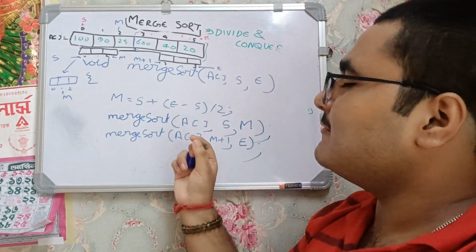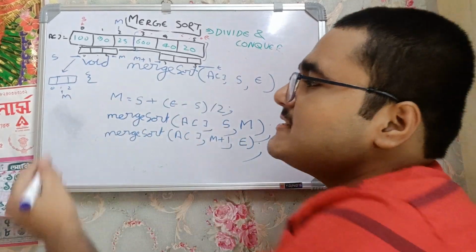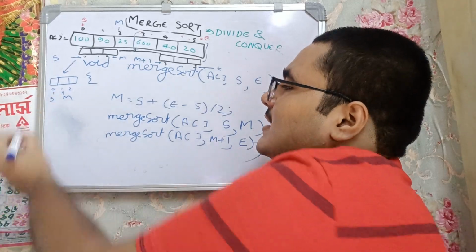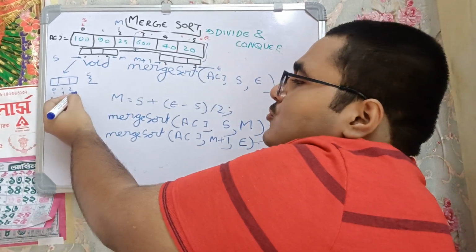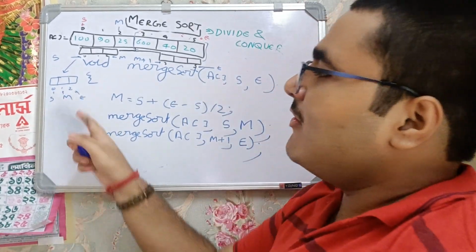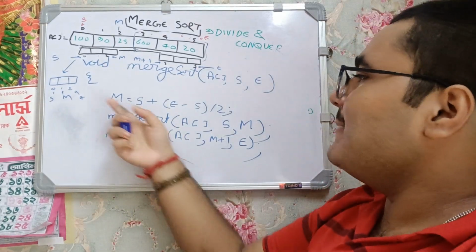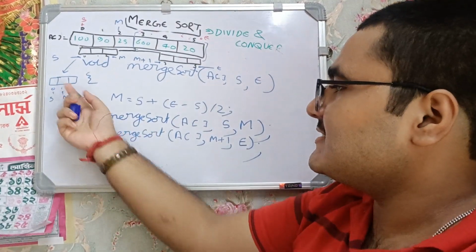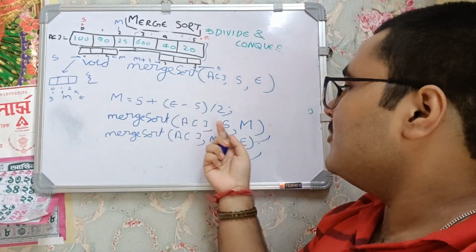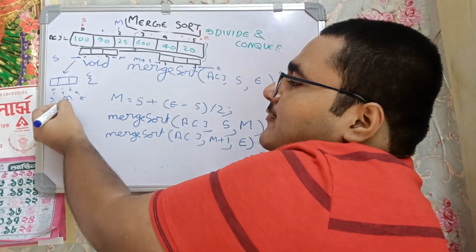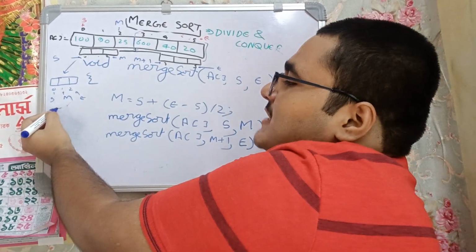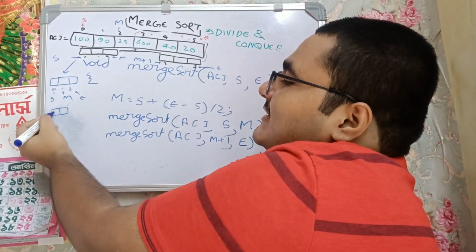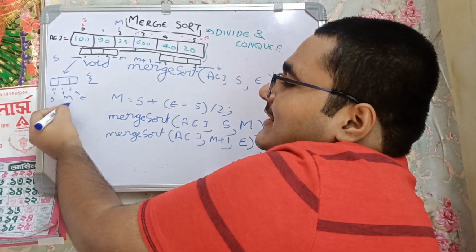What is my start? Start is as it is 0, okay, and end was 2. So now in the newly formed array, if this function is called again, from start to mid, another array is formed from start to mid, right? So this is again my left half.